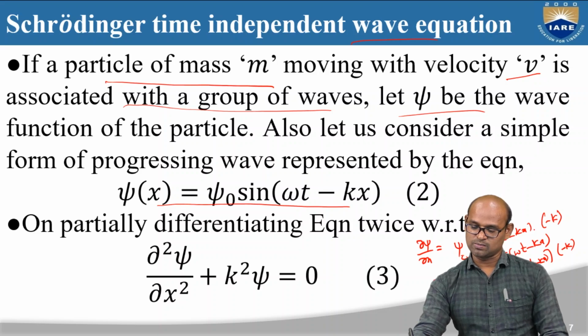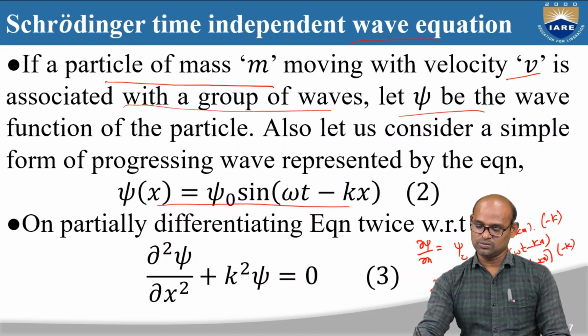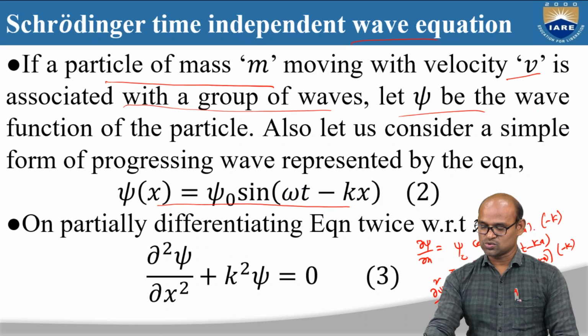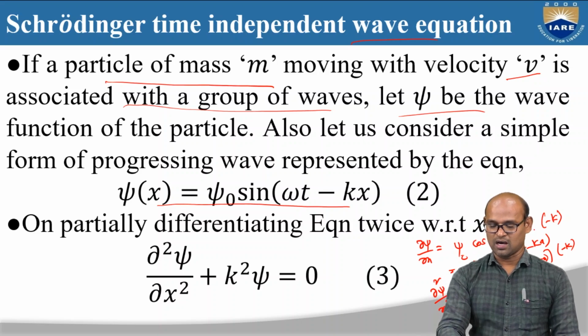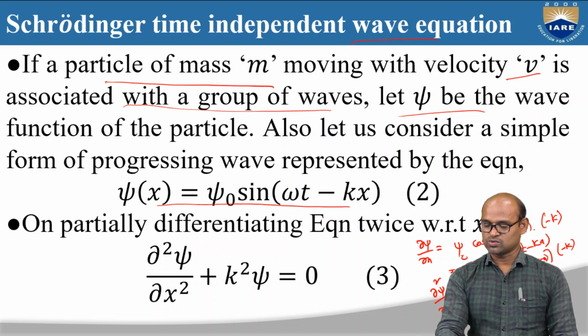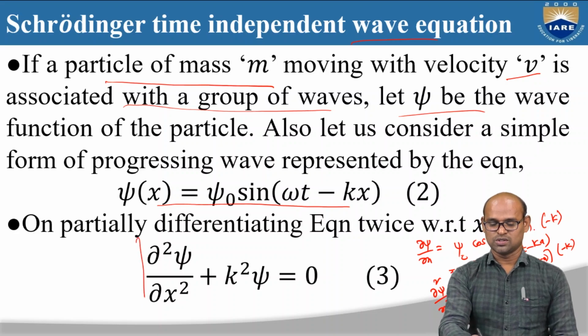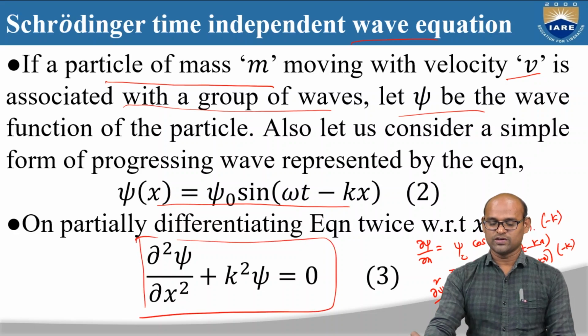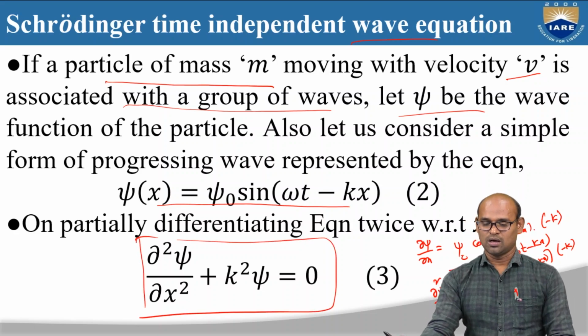So minus times minus gives plus, and that is equal to minus k square psi naught sine of omega t minus kx, which is nothing but psi. So we basically have minus k square psi. So dou square psi by dou x square is equal to minus k square psi, that is, dou square psi by dou x square plus k square psi is equal to 0. This is the second order differential equation we got after differentiating the wave function twice.